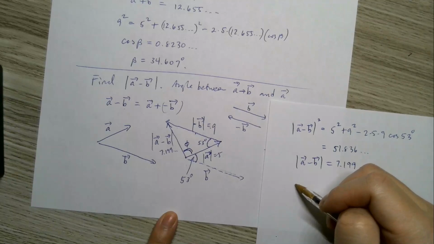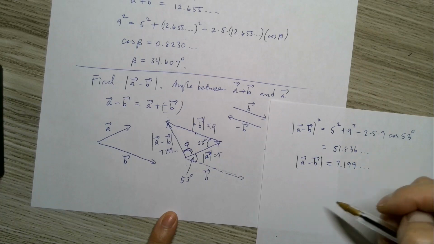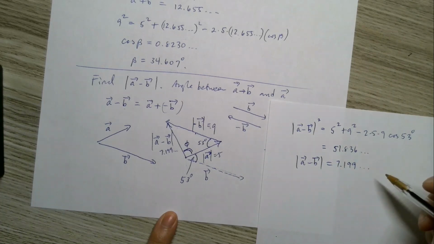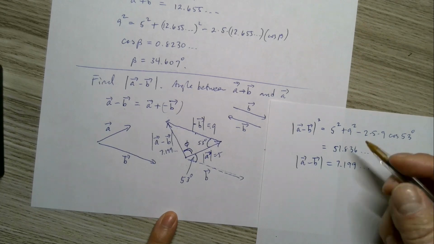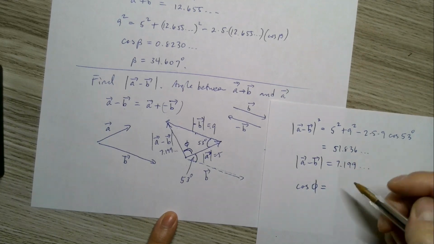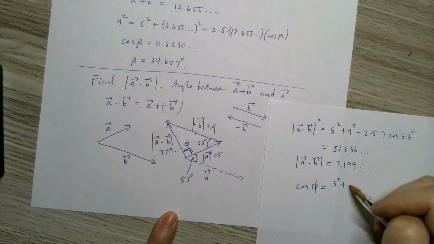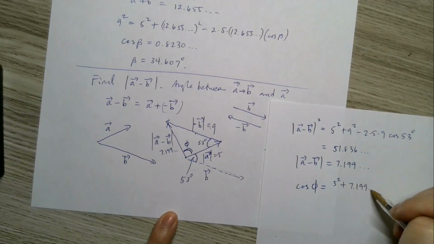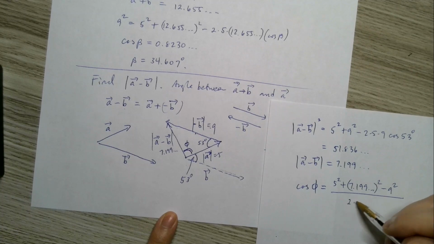So using law of cosines, with the cosine of the angle isolated, it's cosine of phi equals 5 squared plus 7.199 squared minus 9 squared over 2 times 5 times 7.199.